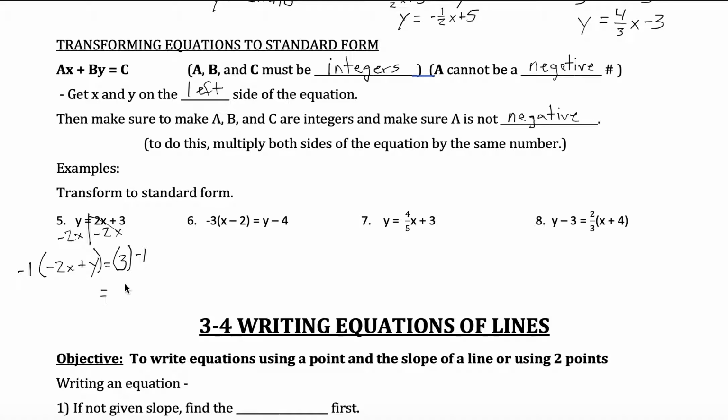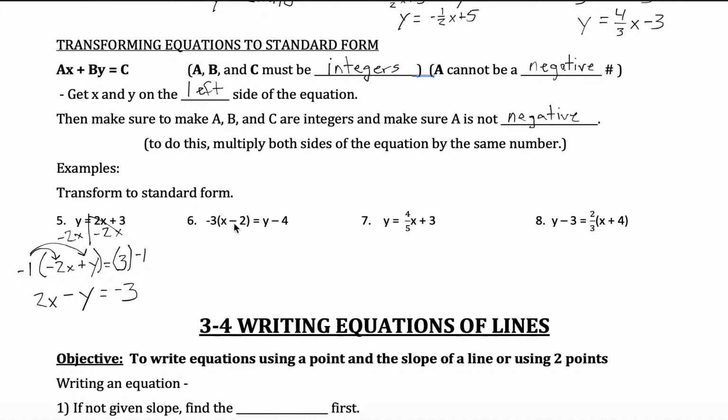On the right-hand side, we have negative 3. On the left-hand side, we distribute our negative 1 to the negative 2x. Gives me a positive 2x. Then we distribute the negative 1 to our y, which is going to give me a negative 1y, or minus y. So our standard form of that equation is 2x minus y equals negative 3.